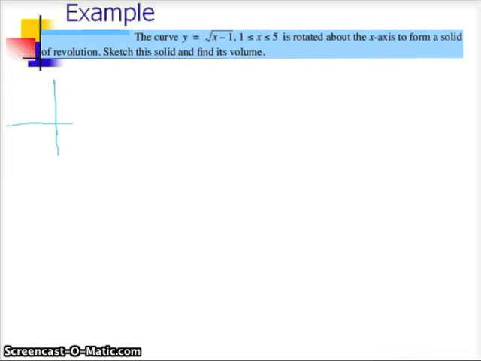It's a square root graph that's been moved to the right by 1 unit, so it's going to look something like this, a parabola on its side. And our limits are where it touches the x-axis, which is at x equals 1, and at x equals 5.